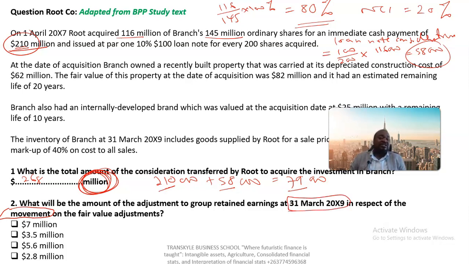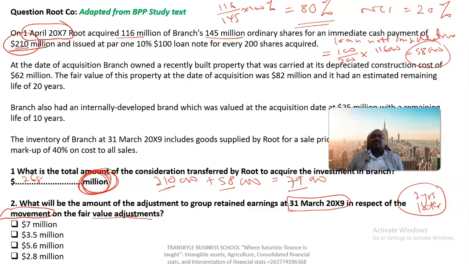We are talking of the reporting date of 31 March 2009, and this subsidiary was acquired on 1 April 2007. So we are talking of a movement of 2 years. Okay, so let's now look at those items which require fair value movement. So let's read paragraph number 2.